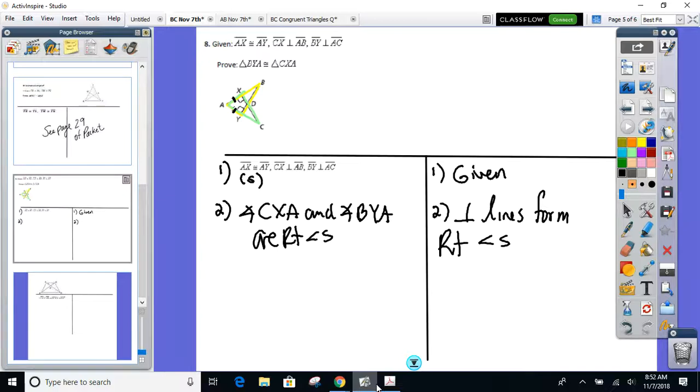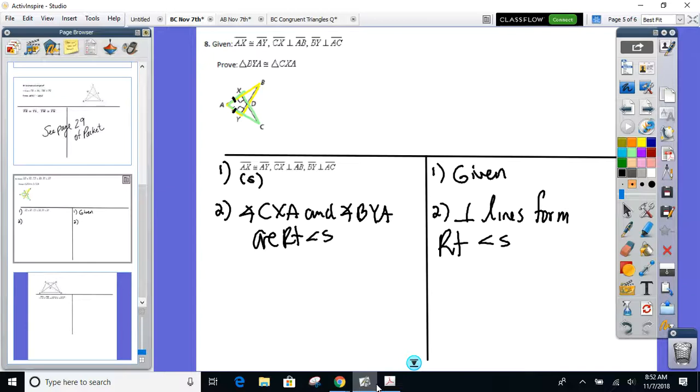Now, when I ask on your own, that probably means one of two things. Reflexive, side or angle, or vertical angles. Do I have either one of them in these two triangles? Do they share the same full side or same full angle, or do they have vertical angles?